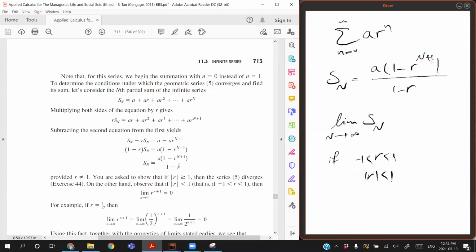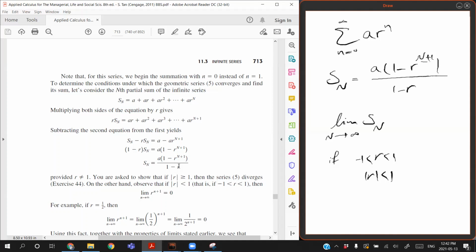As n approaches infinity, n plus 1 also approaches infinity. And a number that is between -1 and 1, if you raise it to the power of infinity, you're going to get 0. So think of, for example, a number between -1 and 1, like 1 over 2.